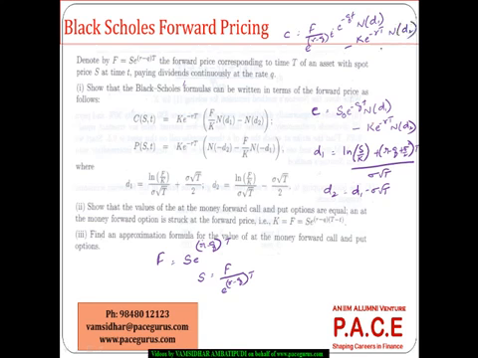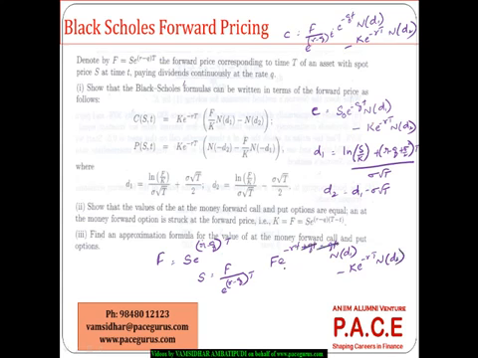So if I try to write the expansion of this, it is becoming F e power minus rt plus qt minus qt N d1 minus K e power minus rt N d2.